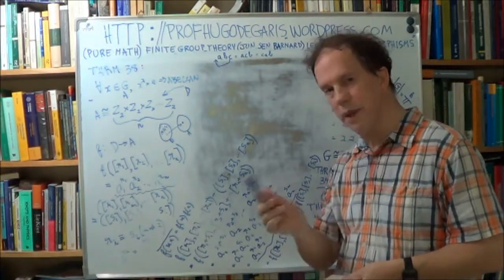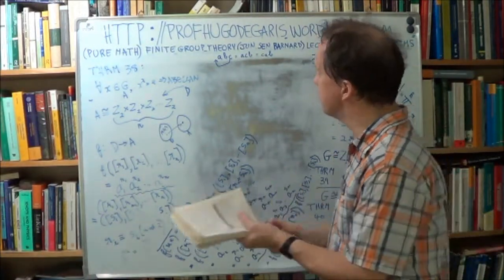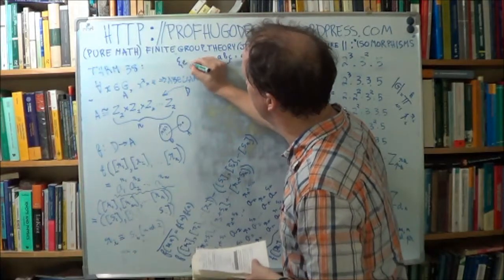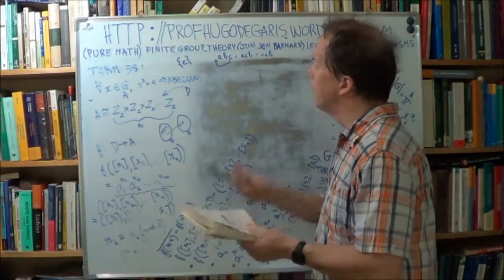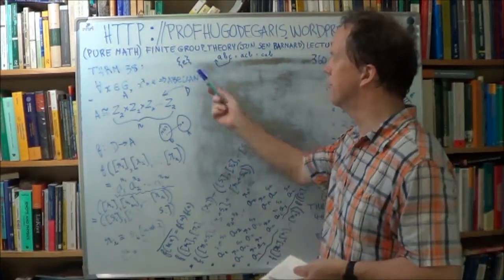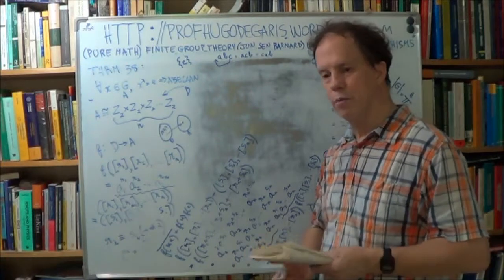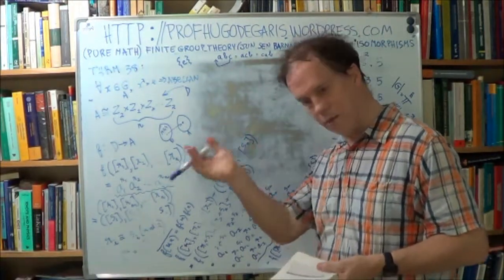Like the trivial group that consists just of the unit, how many non-isomorphic groups of that form? Well, there's only one, right? That's why it's called a trivial group. So if you have a group of order 2, how many different groups can you have? Well, you think about it and you get an answer.